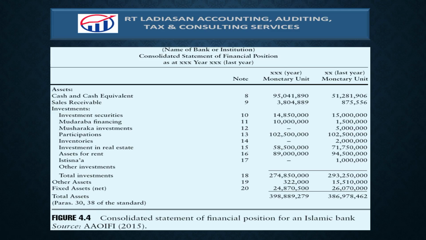What we have discussed before is that they are presented under one item as financing assets. So that is one way of presenting the Islamic financing products under financing assets, or in this way of presenting it, investments, then we have the investment securities, and also showing the financing assets.